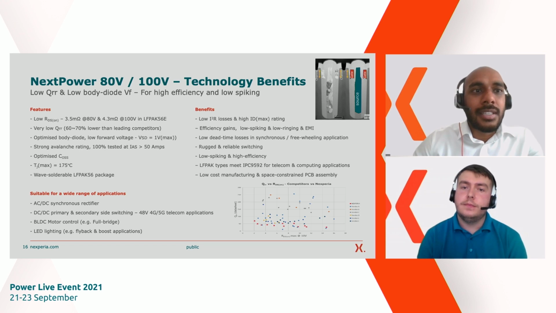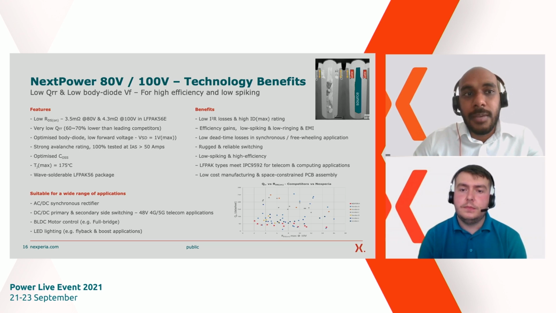So in this slide, I'll discuss some of the features and the associated benefits that we bring to the equation. The low RDS on of 3.5 milliohms at 80 volts and 4.3 milliohms at 100 volts in our LFPAK56 results in lower I²R losses, and it also allows us to rate high ID max ratings, which is mostly down to the package that we choose, that is the LFPAK56E.